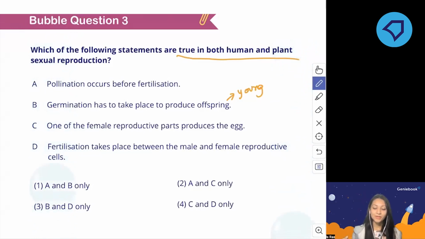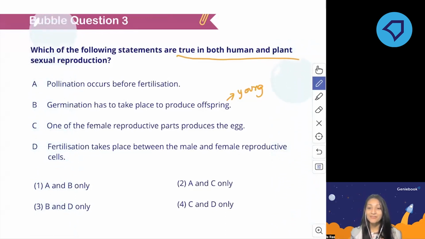So why is the answer number 4? Let me check. They're asking whether the following statements are true in both human and plant sexual reproduction. Pollination occurs before fertilization. Does this happen in plants, humans, or both?